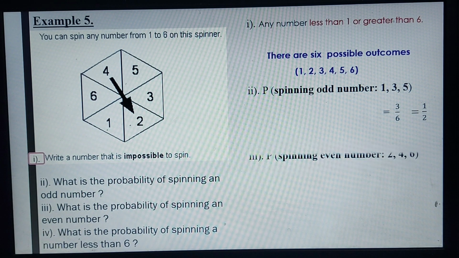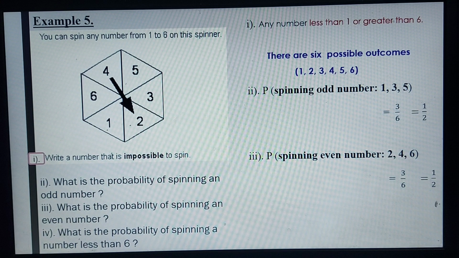Now, what is the probability of spinning an even number? On the spinner, we have 3 even numbers, which are 2, 4, and 6. So the number of ways possible for getting an even number is 3. So that is 3 divided by the total number of possible outcomes, which is 6. 3 divided by 6, when you simplify, you get 1 over 2.